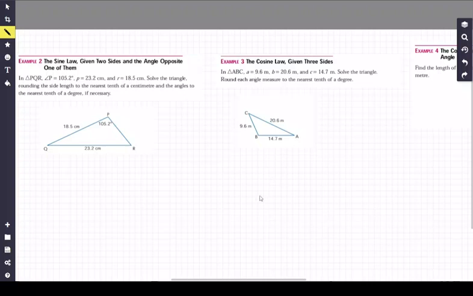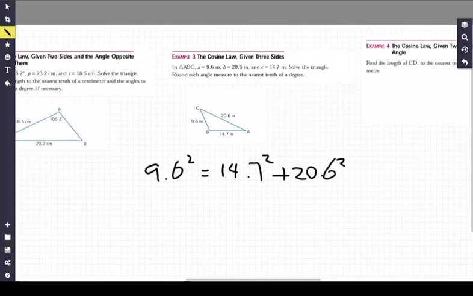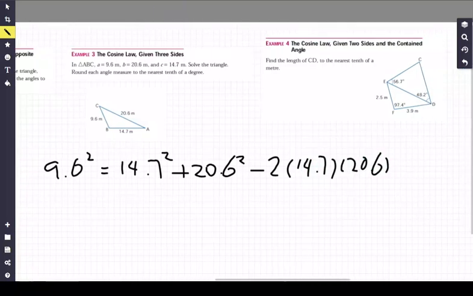So let's say I just want to find angle A. So I'm going to use the side corresponding to A, which is 9.6. 9.6 squared is equal to b squared plus c squared. So 14.7 squared plus 20.6 squared. Now we're going to minus all of that. Minus 2 times 14.7 times 20.6 and cos A. So let's see how that plays out.